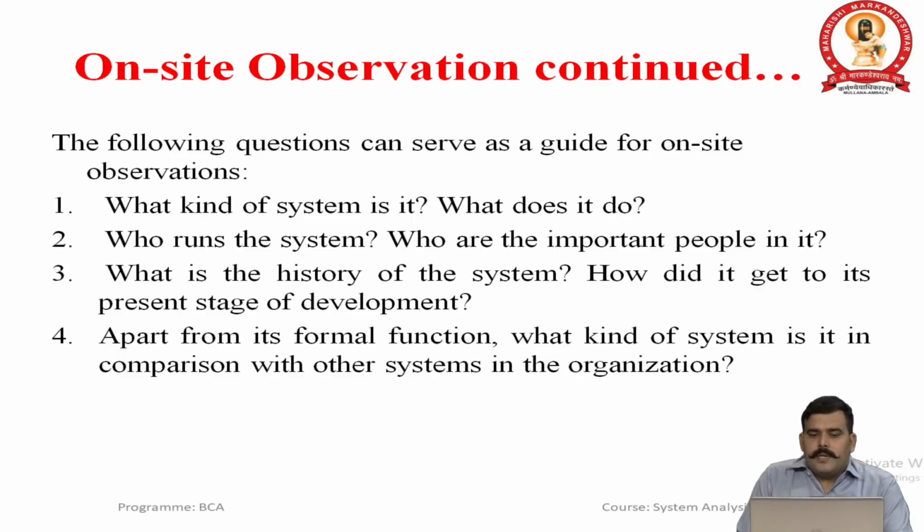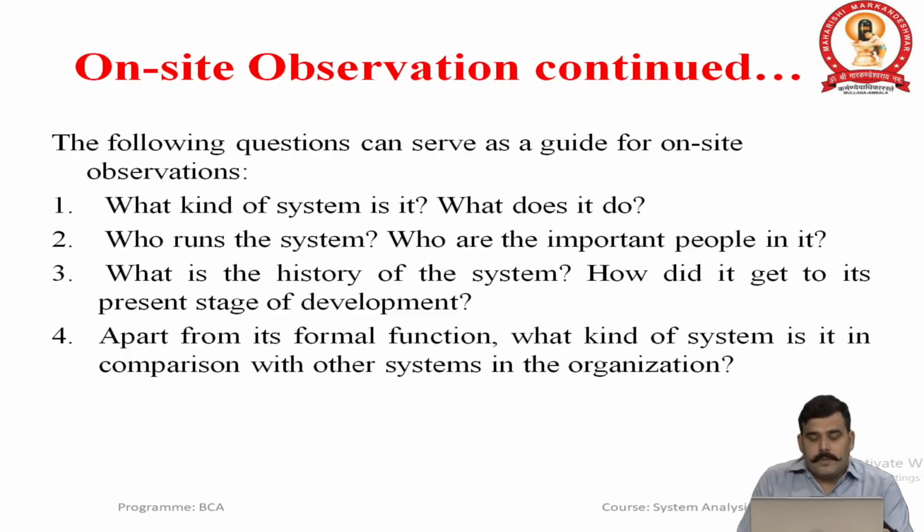The following questions can serve as a guide for on-site observation. What kind of system is it, and what does it do? During on-site observation, analysts come to know which type of system the organization has to operate, the functionality of the organization, and what the organization is doing. Who runs the system, who are the policy makers, who are the executives, who are the important people in it?